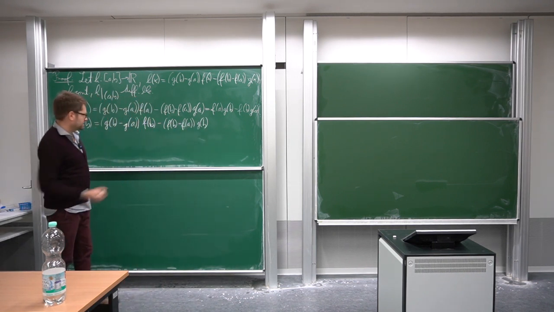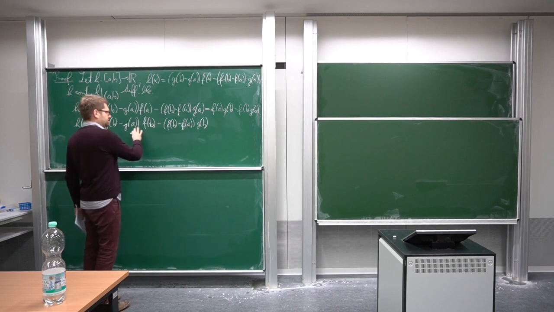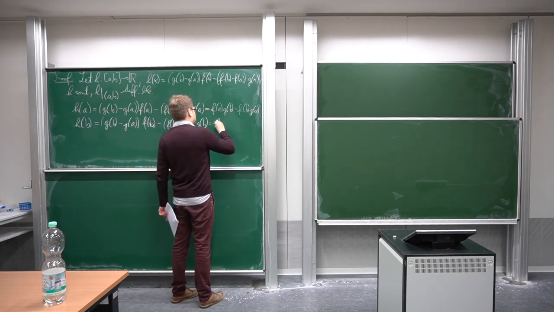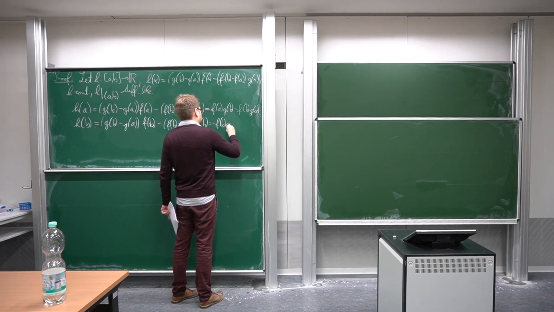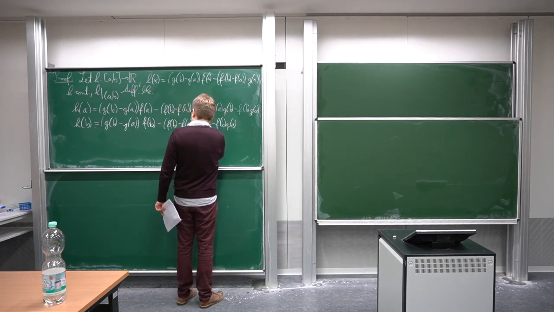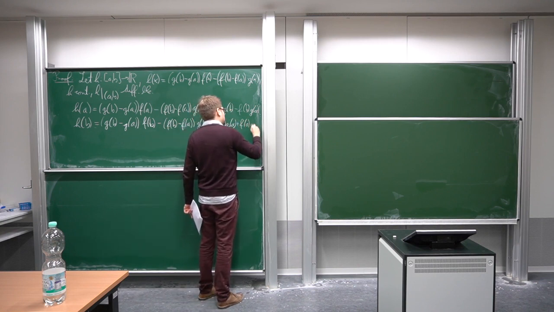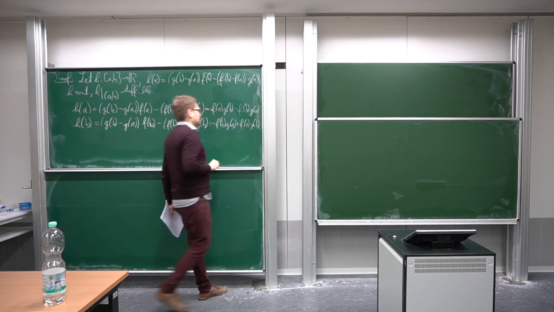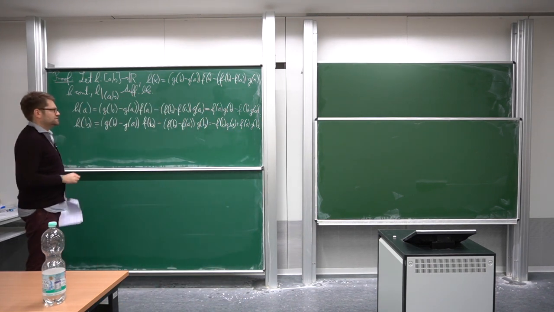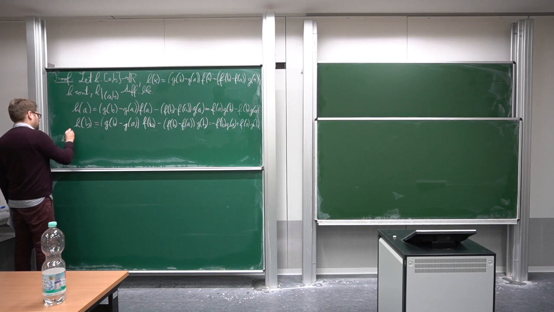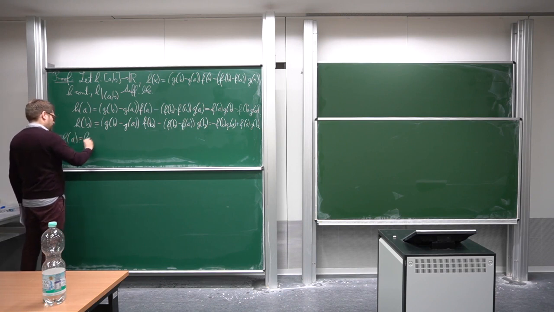So again, these cancel each other out. And so what remains is minus f of b g of a, and the other thing remaining is f of a g of b, since we have two minus signs, so plus. Okay, and if we take a look, this is the same. So h of a is equal to h of b.